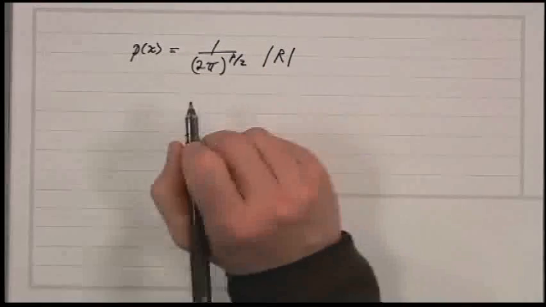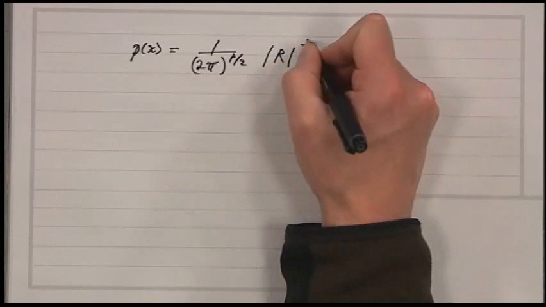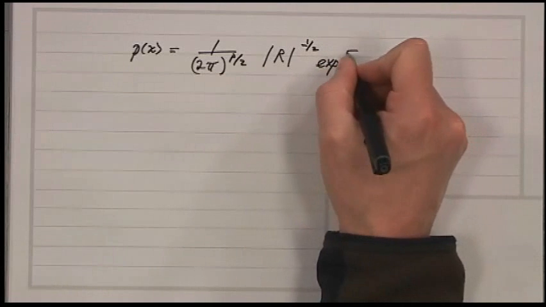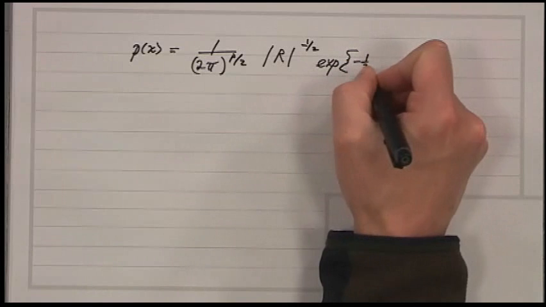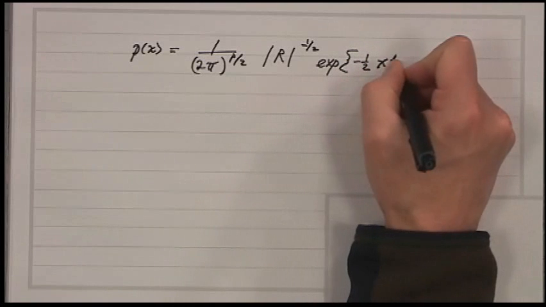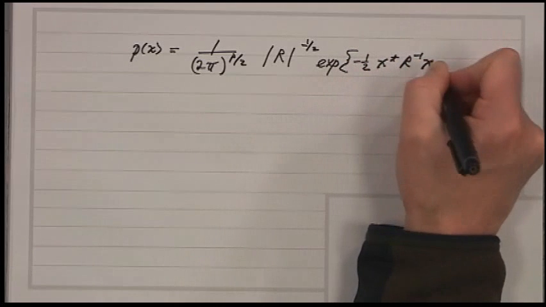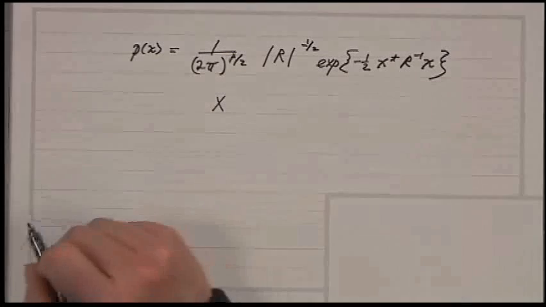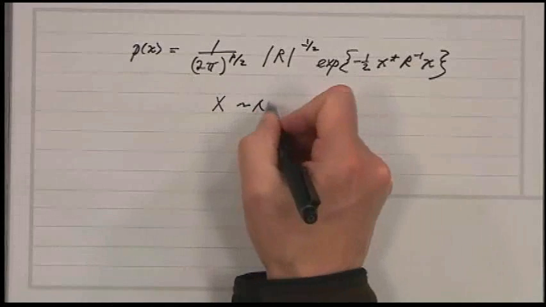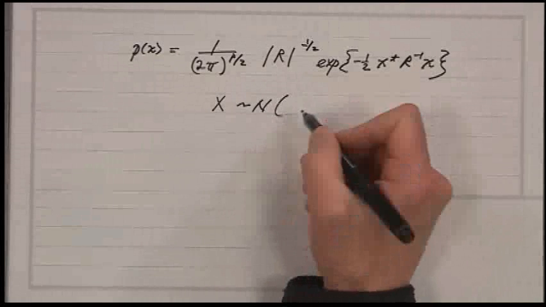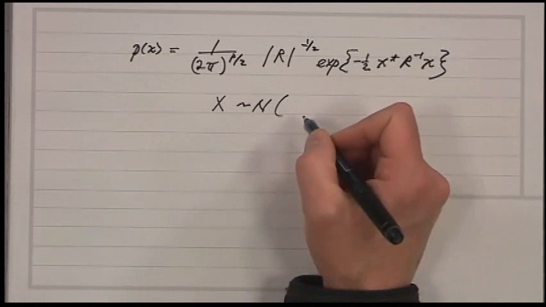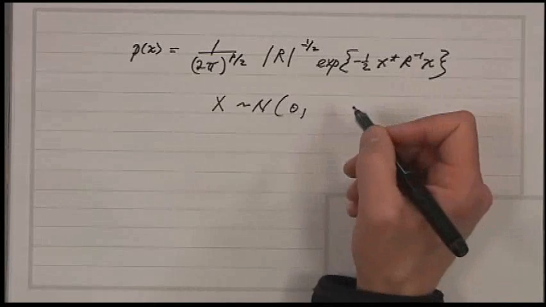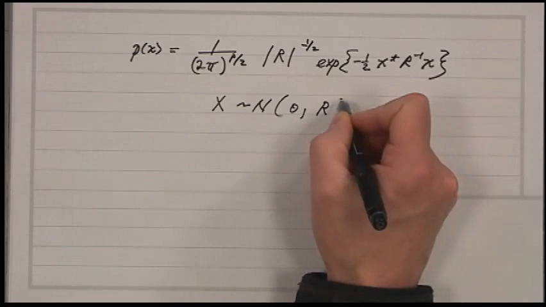R is the covariance matrix, so this is determinant of R to the minus 1/2, and this is exponential of minus 1/2 x transpose R inverse x. So the random variable with this density is normal with, I should have put a mean in there, but that's mean 0 and covariance R.